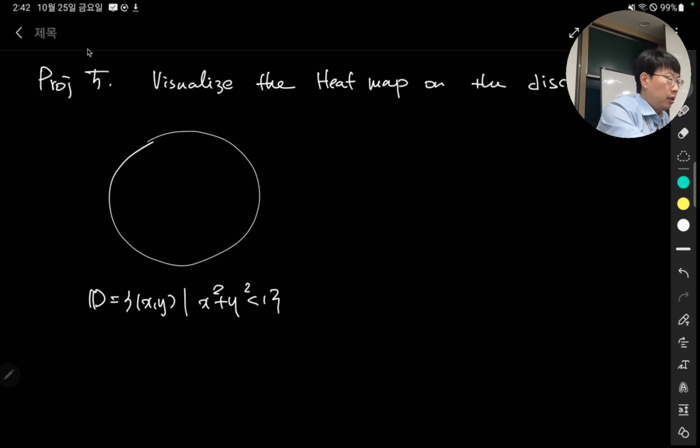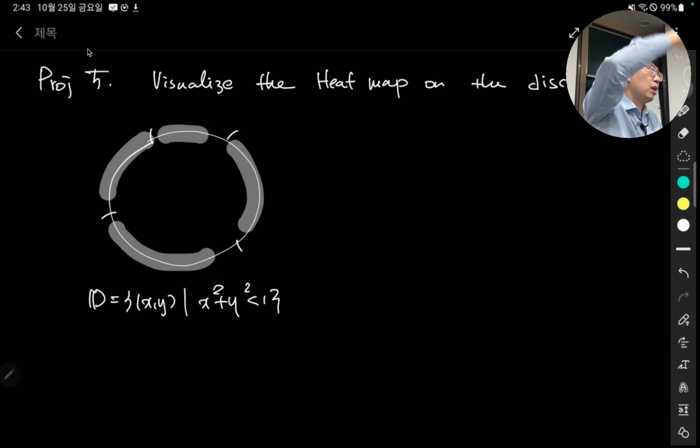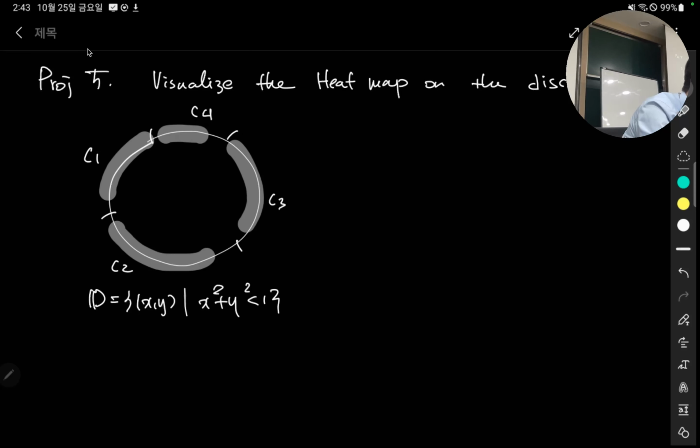So I'm assuming that outside of the disk is insulated. Inside, heat can flow, and I'm assuming that the boundary temperature is fixed here, but not at the same temperature at every point, because if I have the same temperature all around the circle boundary, then the inside is always the same temperature, right? So I have different temperatures, C1, C2, C3, C4, and I want to know the temperature at any point inside the circle.